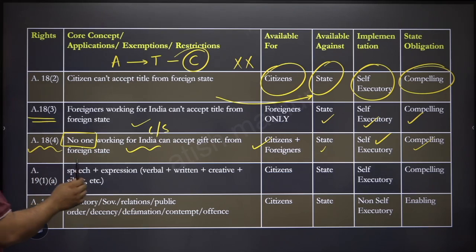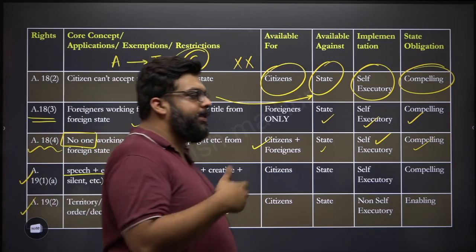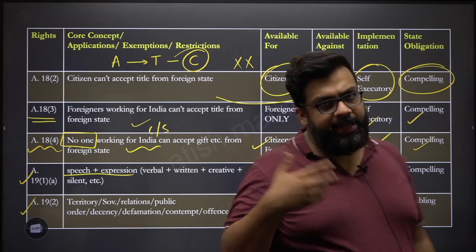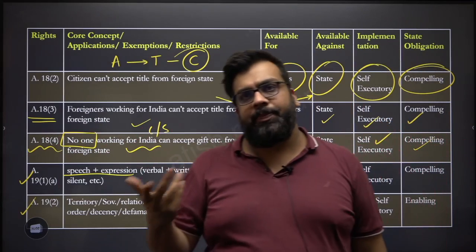How it works is, the freedom is under Article 19(1)(a), and the reasonable restriction is under Article 19 clause 2. And the highest amount of reasonable restrictions are in the first freedom itself, which is the freedom of speech and expression, which of course translates to anything verbal, anything written, creative, the right to remain silent also, the right to sing, right to dance, right to paint.